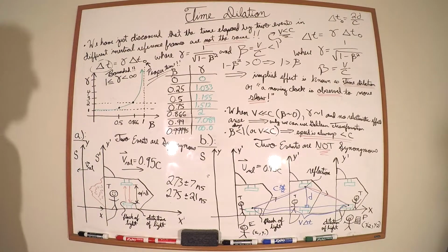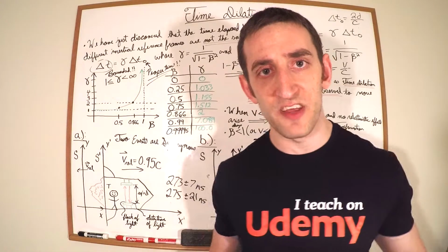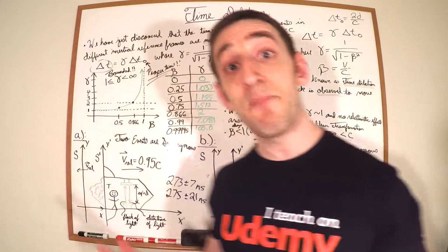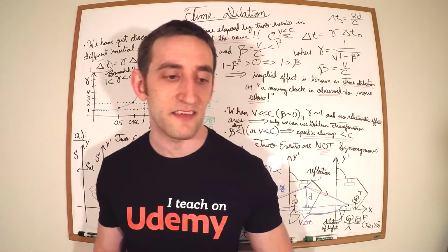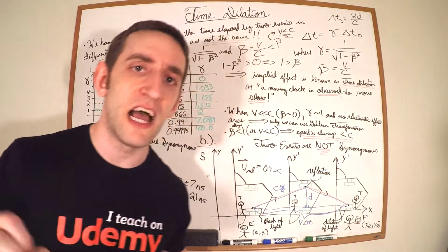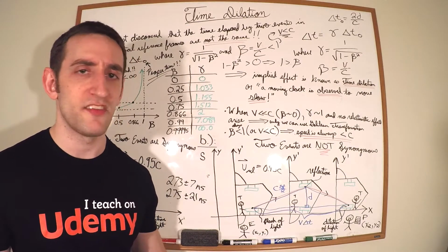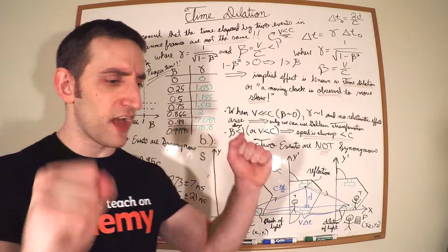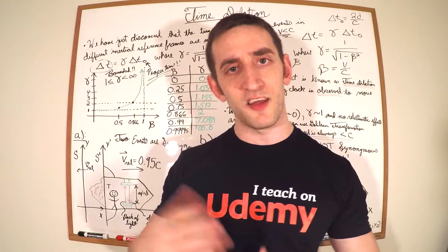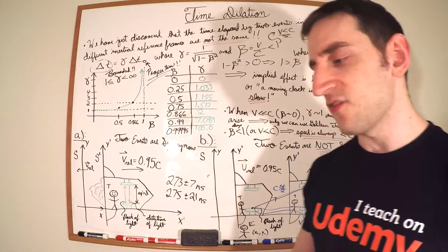We found that time dilation arises as a result of accepting the second postulate of special relativity, that it does not matter what reference frame you measure light. Regardless of your reference frame, as long as it's an inertial reference frame, that speed of light will be constant. It's going to be c regardless of how you measure it, okay? It's always going to be c.